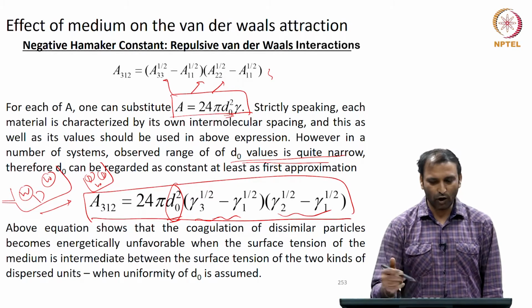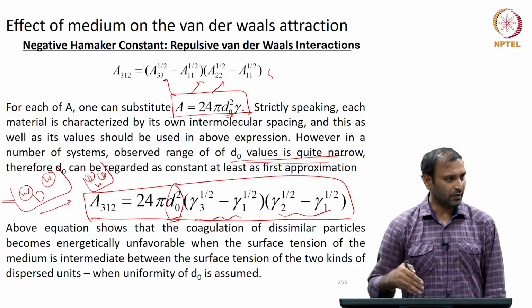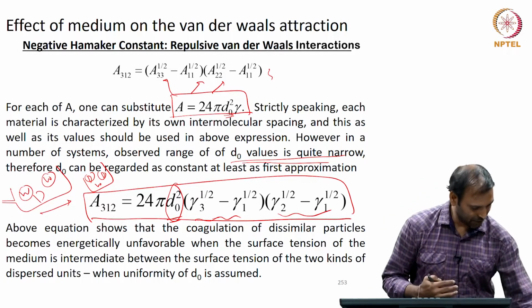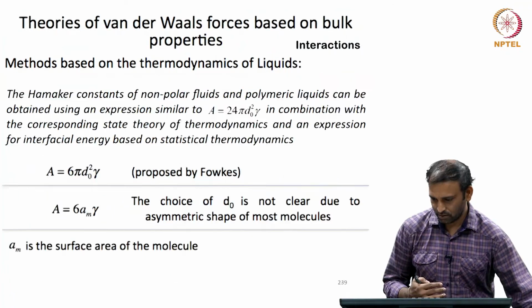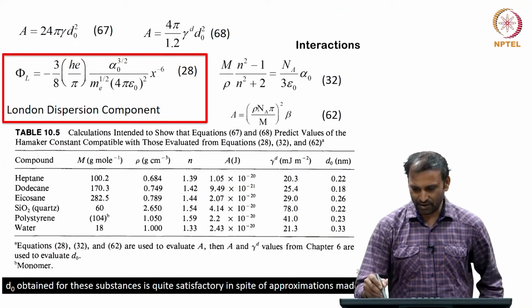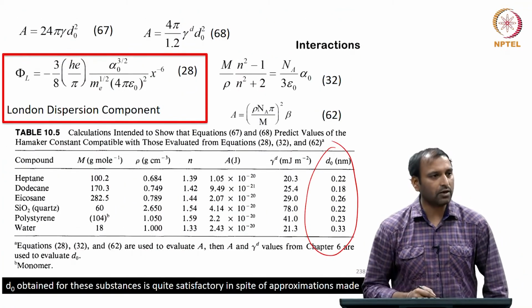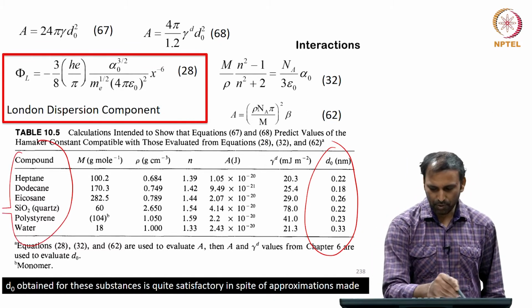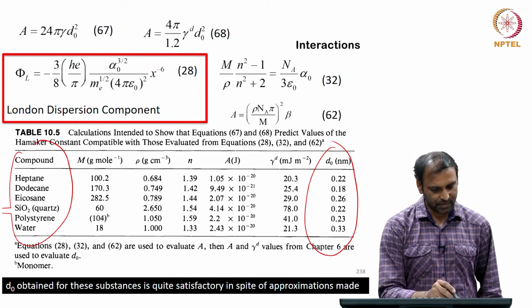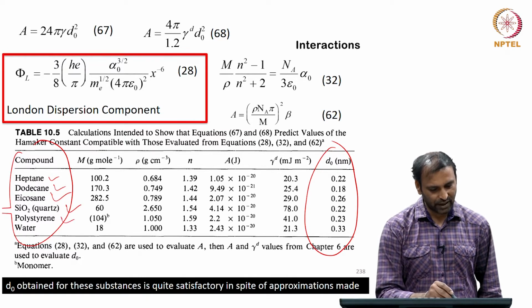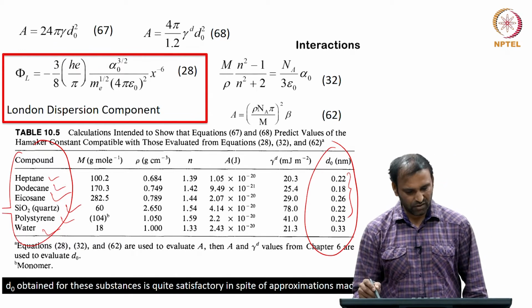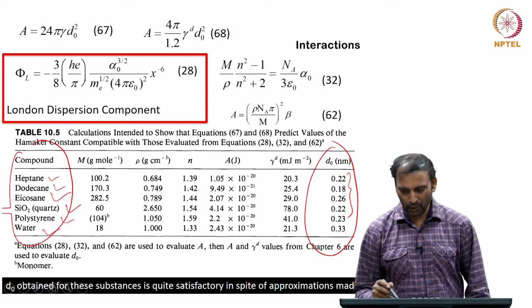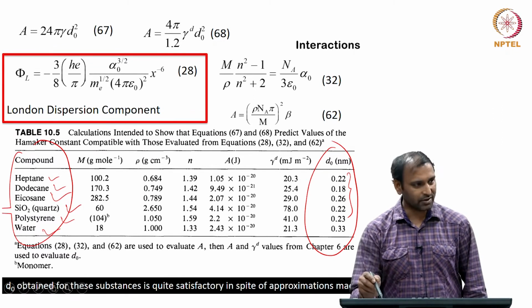If you look at d naught values for different liquids, there was a table here. So, let me just go back to the table. Let us look at this table. This is d naught, and these are compounds: heptane, dodecane, eicosane, SiO2, polystyrene, water. Look at the numbers. Except for water, they are 0.22, 0.18, 0.26, 0.22, all in nanometers.